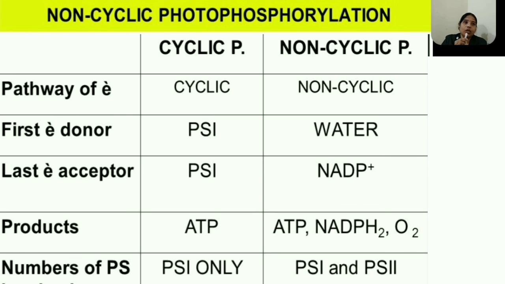So the last acceptor is NADP in non-cyclic, and in cyclic, photosystem I is the last electron acceptor.